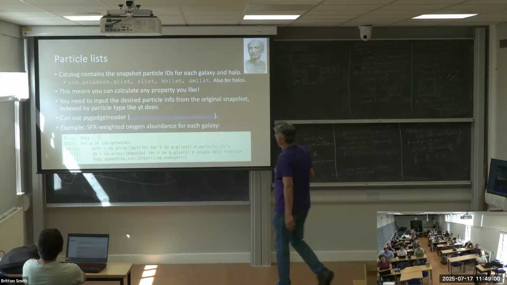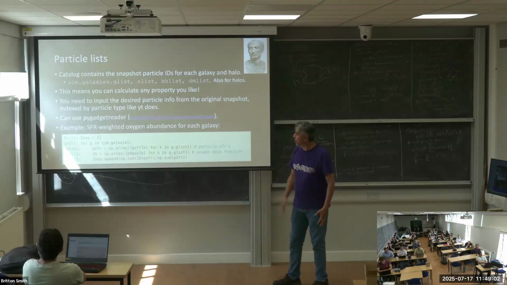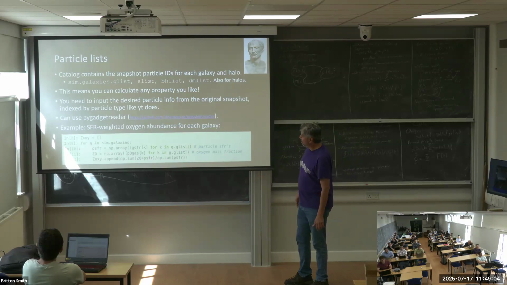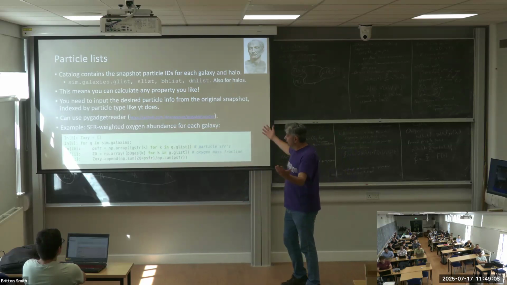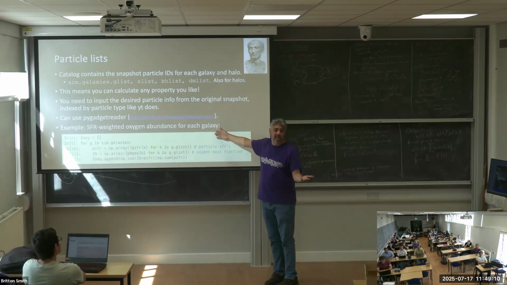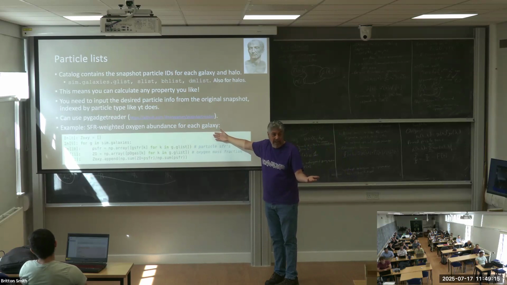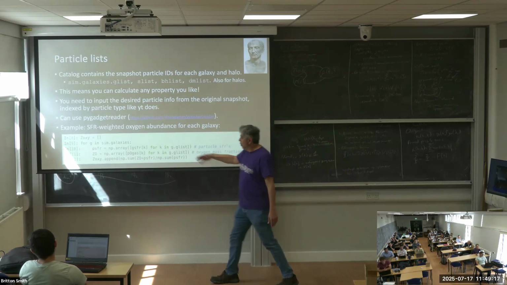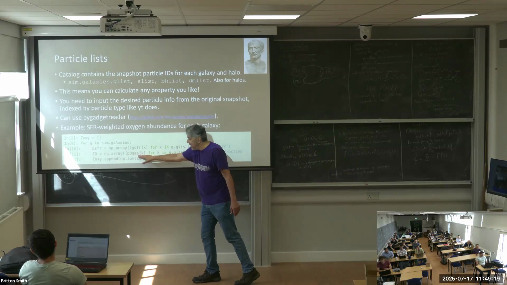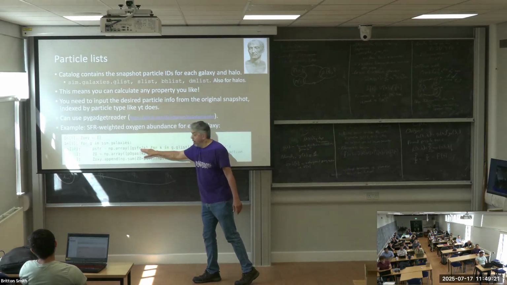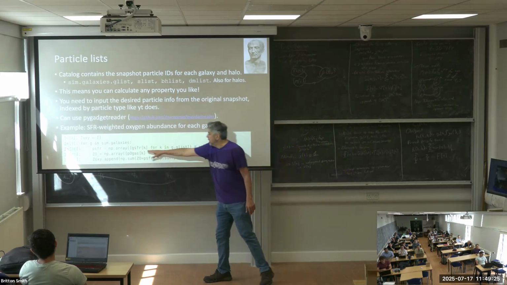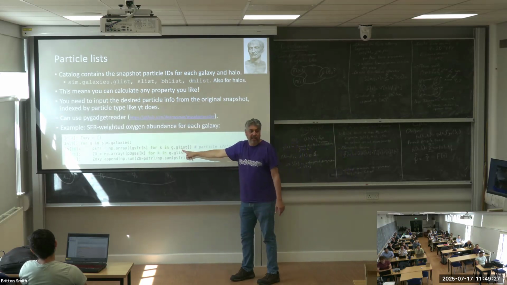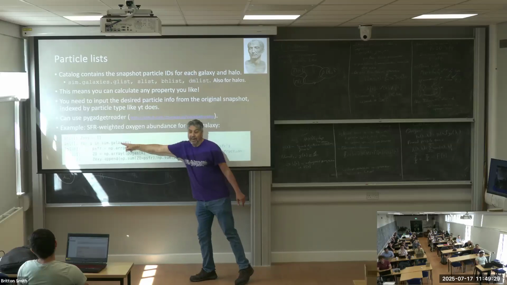So we have this tool, PyGadget Reader, which is just a wrapper for reading HDF5 files from a variety of things. So this is how you would compute, and this is not a quantity we can pre-compute, the star formation rate weighted oxygen abundance. Once you read in the oxygen abundance for each particle and the star formation rate for each particle in your snapshot, you can go through and say, give me all the star formation rates in this particular galaxy, for each of my galaxies.